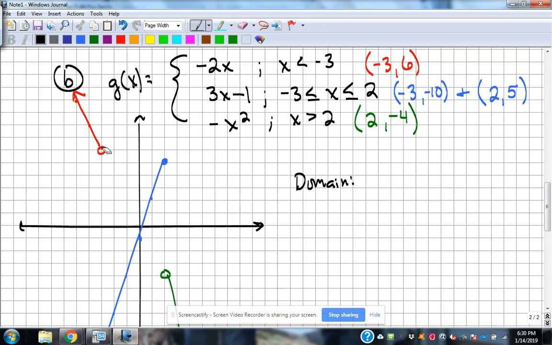Well, this little red piece over here, which direction does it go? It keeps going to the left, doesn't it? So that would go toward what? Negative infinity.